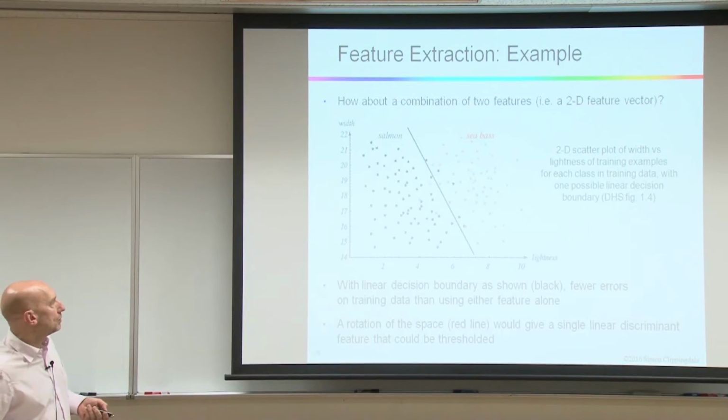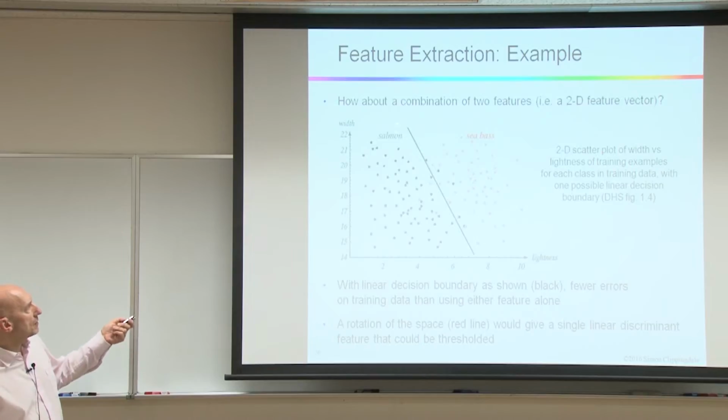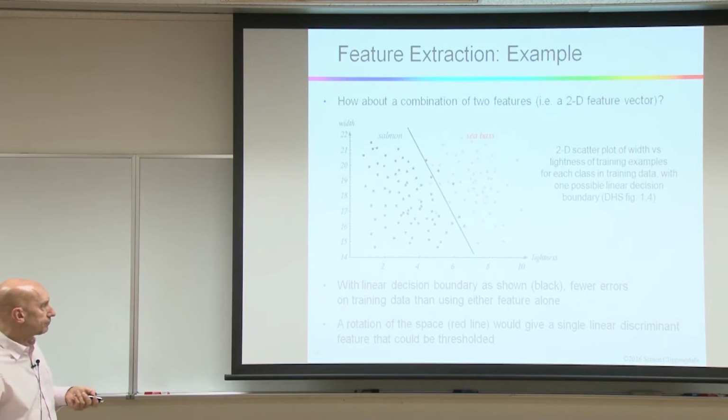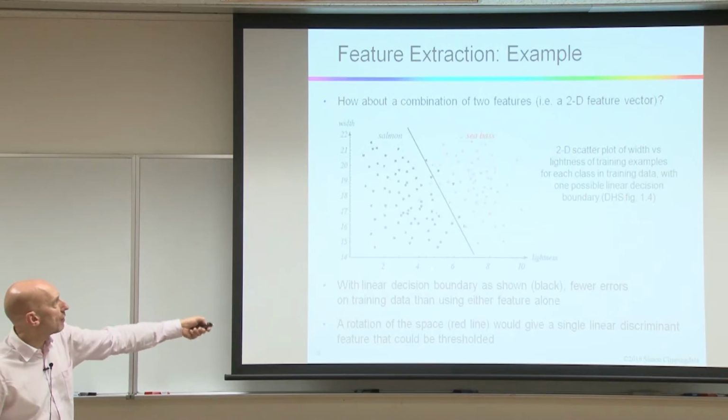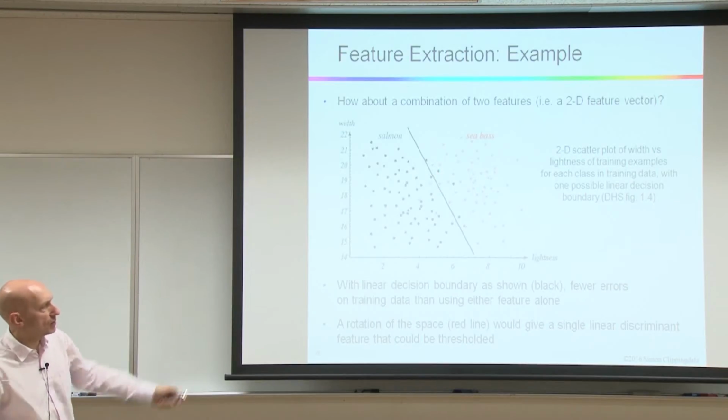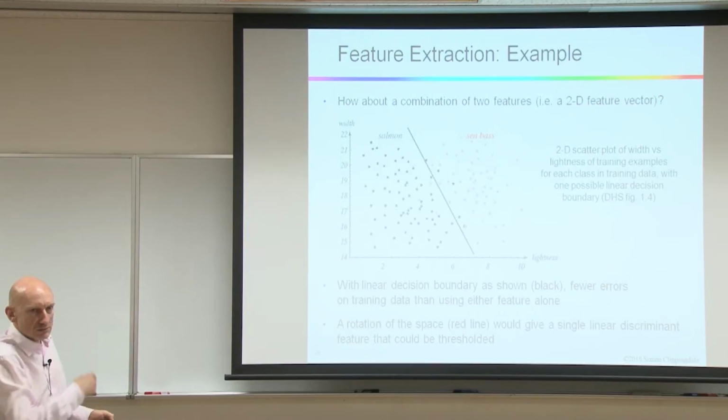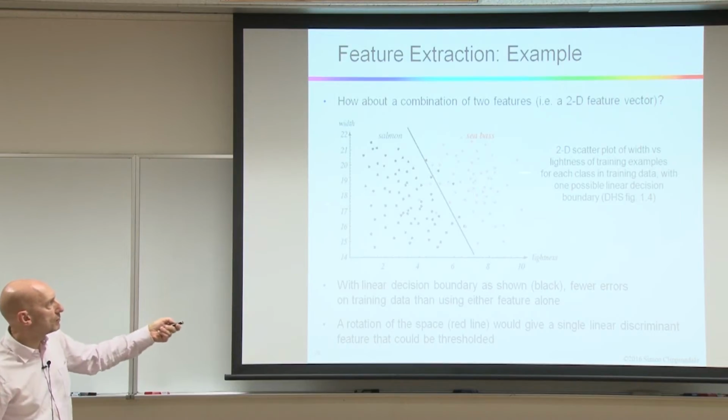And you can see from this that a decision boundary like this would actually work pretty well. You get fewer errors than using either a vertical line, using just the x-axis feature, or a horizontal line.